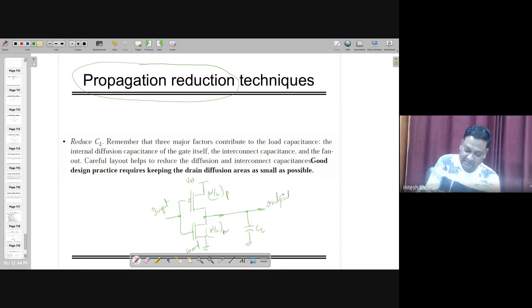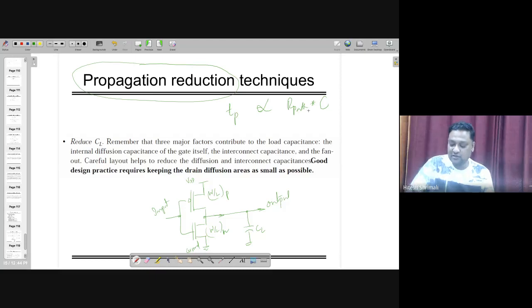So my whole agenda is I want to reduce this propagation delay, which is proportional to path resistance times the capacitance associated with the node. So I want to decrease this resistance and decrease this capacitance.